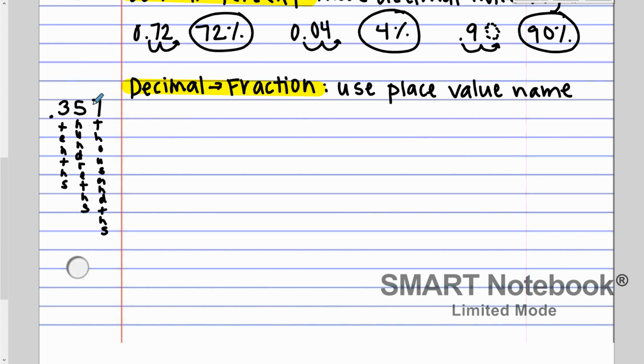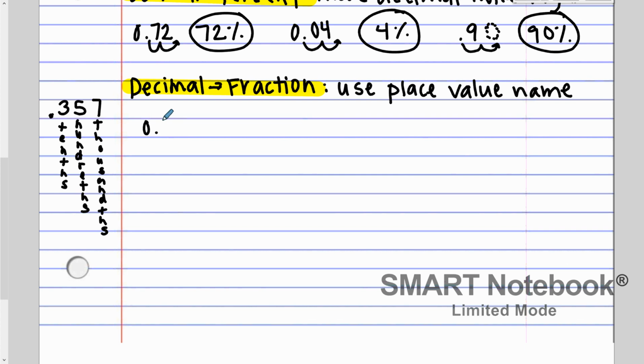Okay, so tenths, hundredths, thousandths. This is out of 10, this is out of 100, this is out of 1,000. Okay, so let's do an example of what I mean by that. So this decimal, sorry, before we move on, will be pronounced 357 thousandths. So you always name it with the place value of the last number.